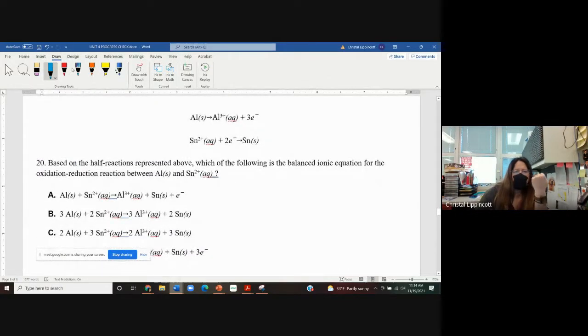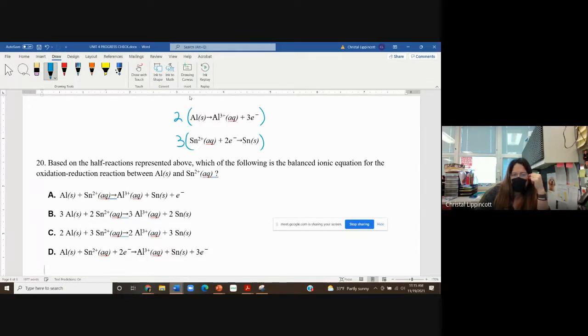Okay, so this is a half reaction one. This is tin and aluminum. So I have to multiply this by 2 and this by 3. Once I do that, I'm going to be getting rid of electrons, right? So I need to look for one here that doesn't have any electrons in it.